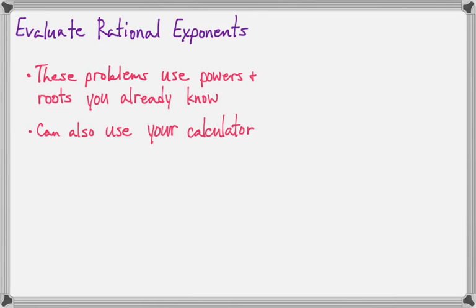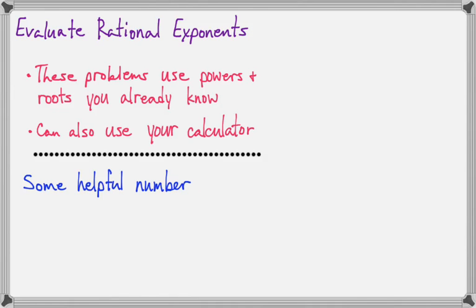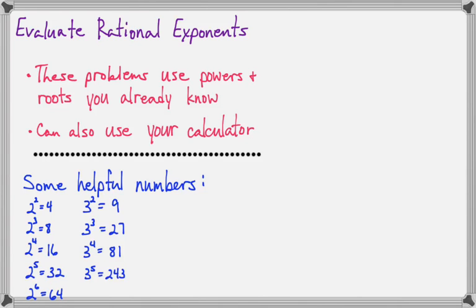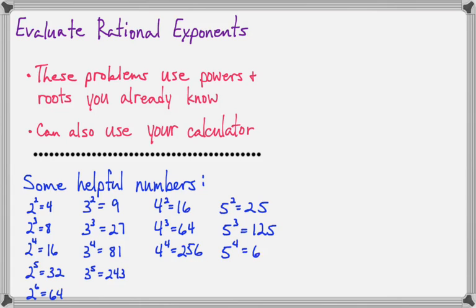Before we get started, let me give you some helpful numbers just in case you've forgotten any of these. Here are all our powers of 2, a few powers of 3, powers of 4, powers of 5, and powers of 6, and a couple of powers of 7.